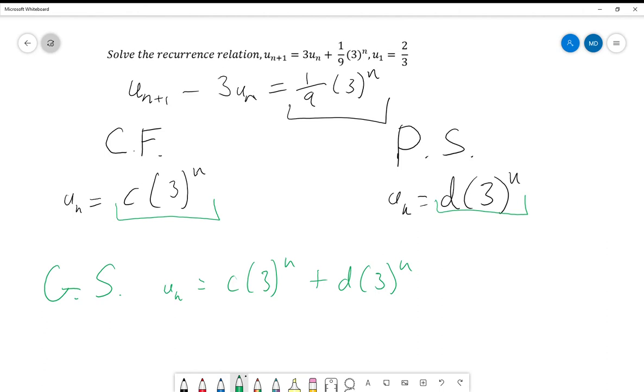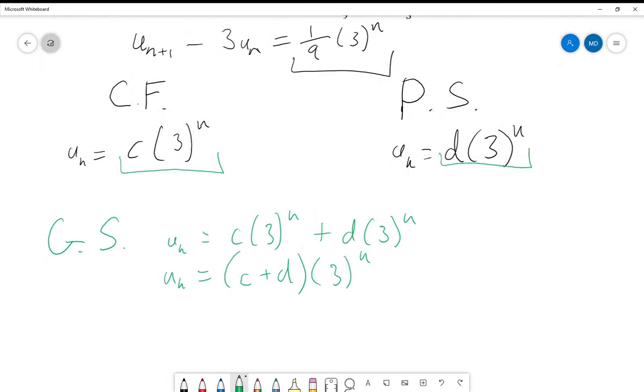Now, how does that work out? Well, in fact, c plus d is just another constant. So I can factor this out and go un is equal to (c plus d) times 3 to the n. And c plus d, like I say, is just another constant. We'll call it a. And we get un is equal to a times 3 to the n.